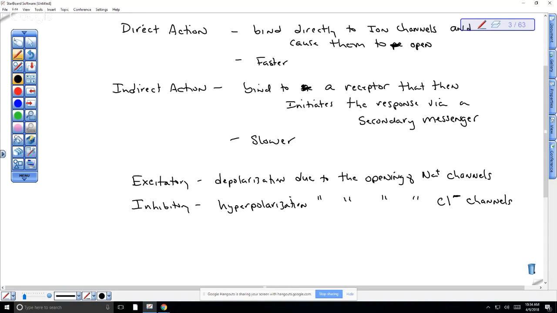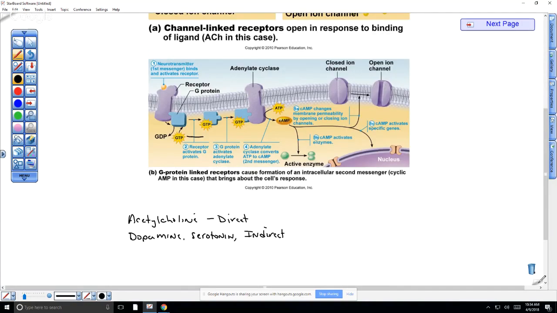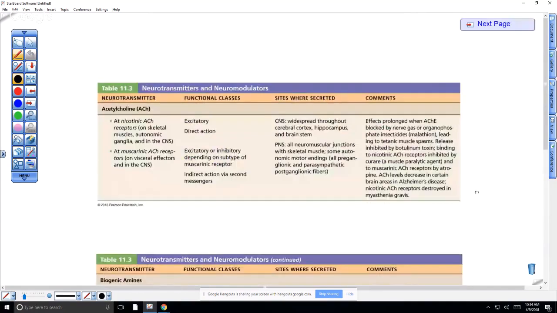So in your book, there is a table, and I'm just going to talk a little bit about this table. When we look at acetylcholine, it is, as I mentioned before, excitatory with a direct action in most cases. However, in the autonomic nervous system, it can actually slow your heart down, and so it would be inhibitory. And when it is interacting with the heart, it actually has an indirect action.